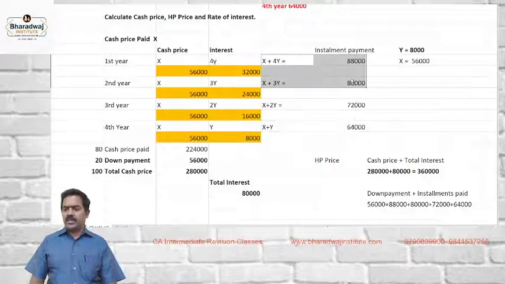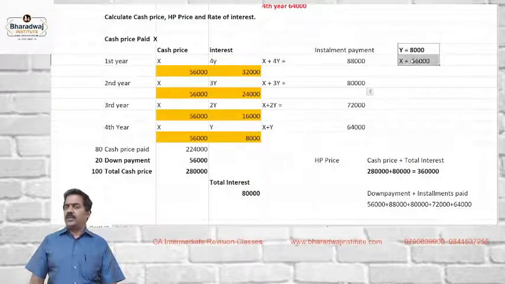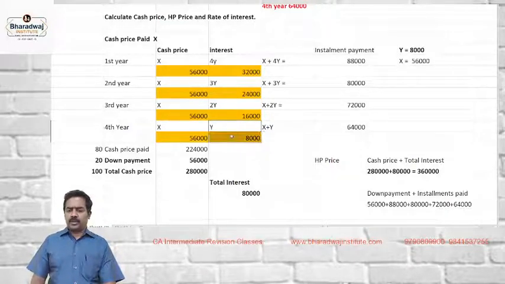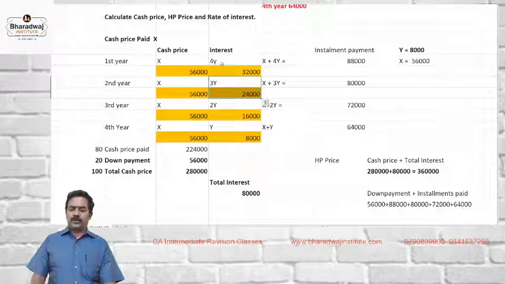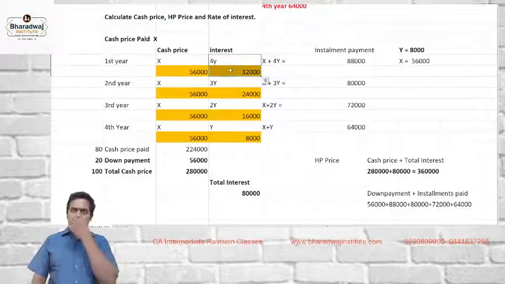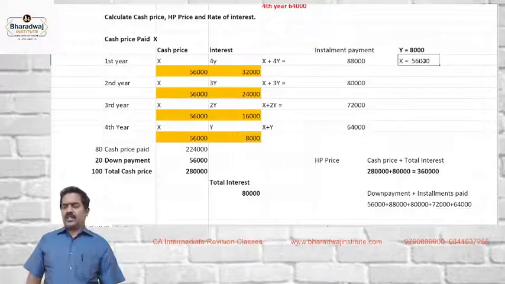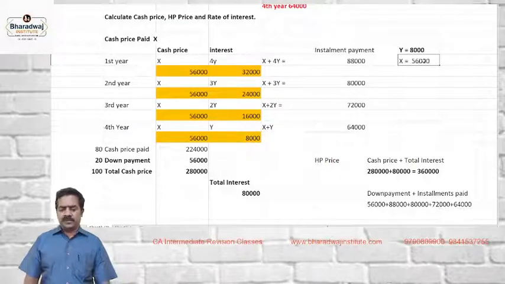Take any 2 years and solve, and you will get the values of y and x. What is y? The interest component. If it is 1y, 8,000; 2y means 16,000; 3y means 24,000; 4y, 32,000. You can substitute in any one to get the x value.